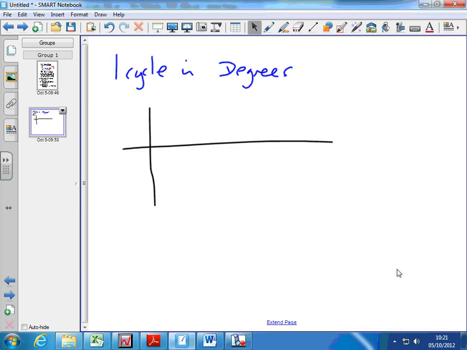So following our investigation then, if I want to plot one cycle in degrees, what would I sketch on here, Alex? What would I sketch to do one cycle in degrees? Connor.